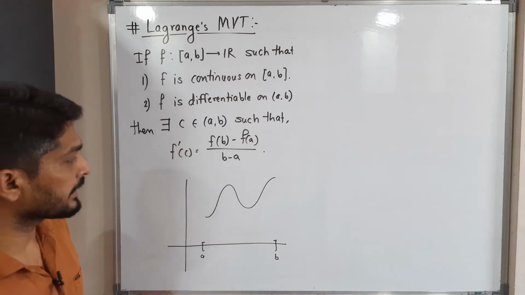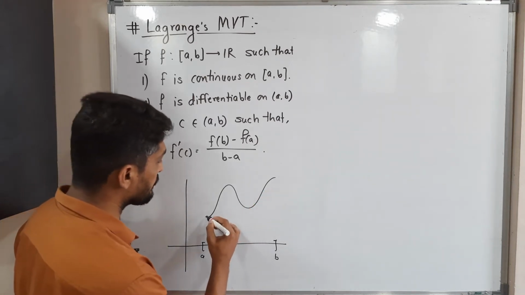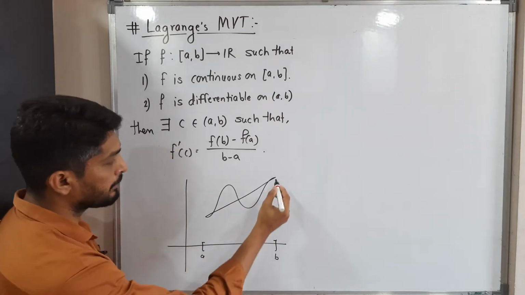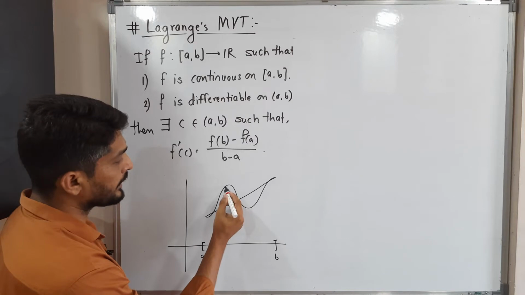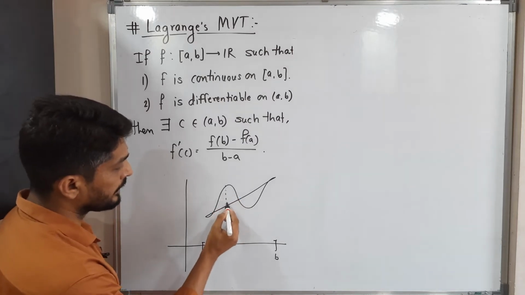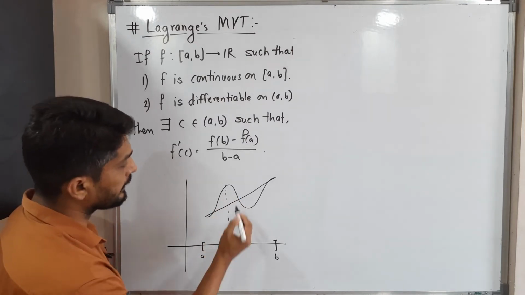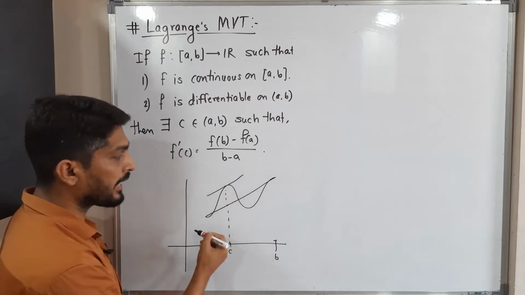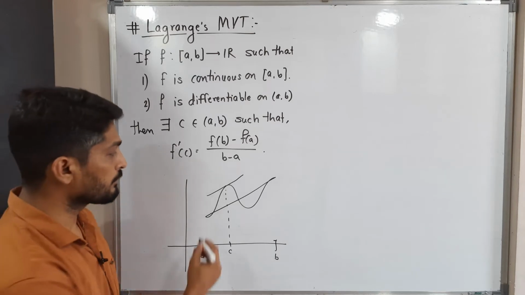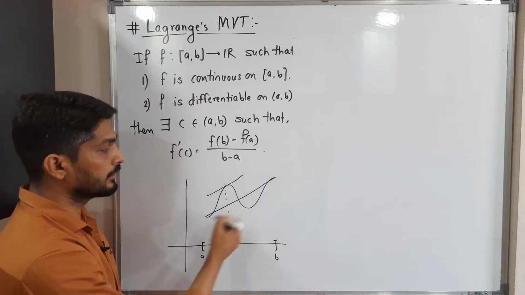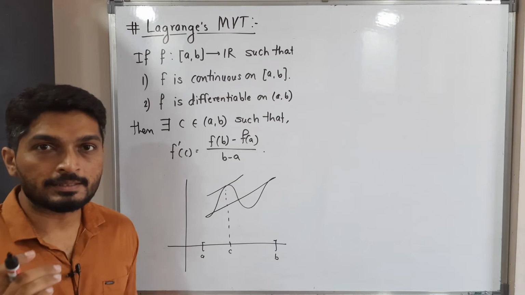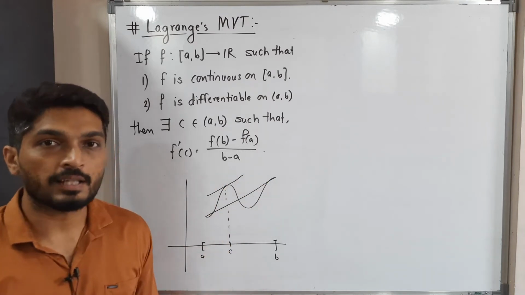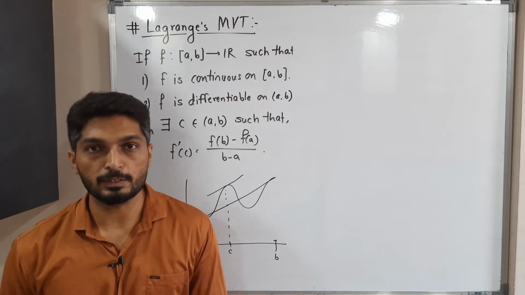This theorem says if you have a curve like this, and you join this point (a, f(a)) and (b, f(b)), then there exists some point c in this open interval AB such that the tangent at that point is parallel to this line. So if you join the endpoints of the curve, then definitely there is some point c such that the tangent to the curve at that point is parallel to this line. This is the geometrical meaning of Lagrange's mean value theorem.